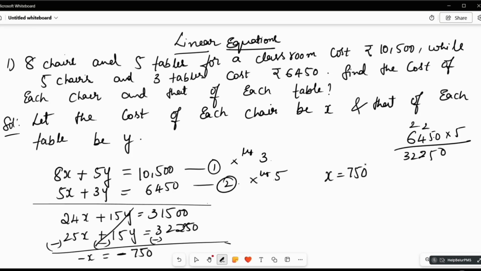Okay. Now substitute the value of x in any of the equations. So you can take the second one, 5x plus 3y is equal to 6450.